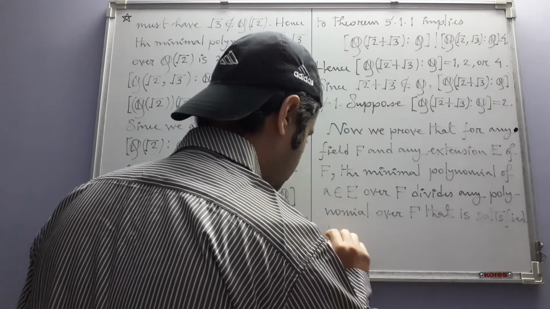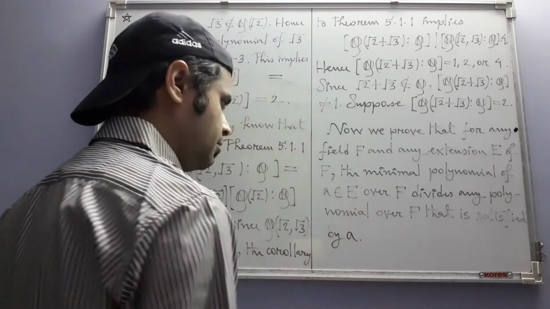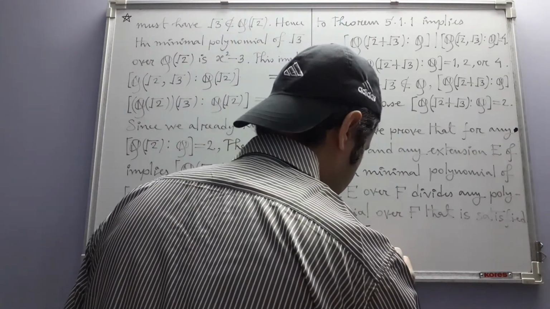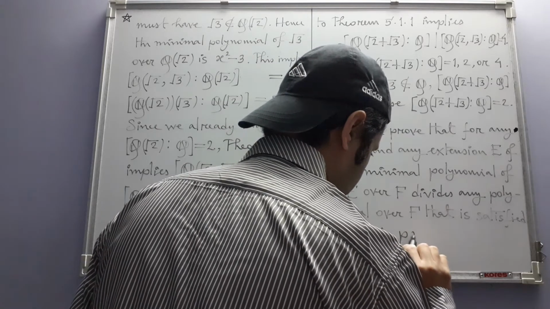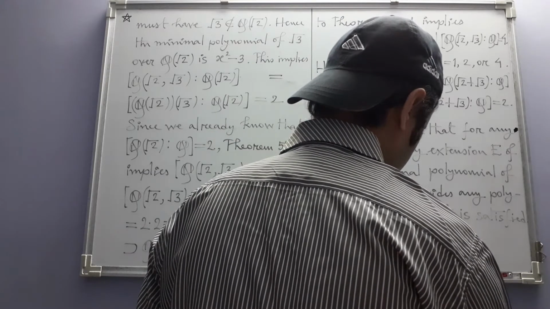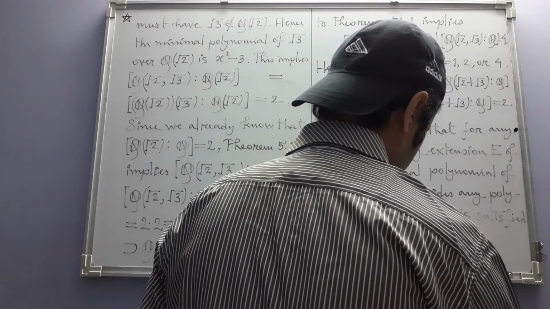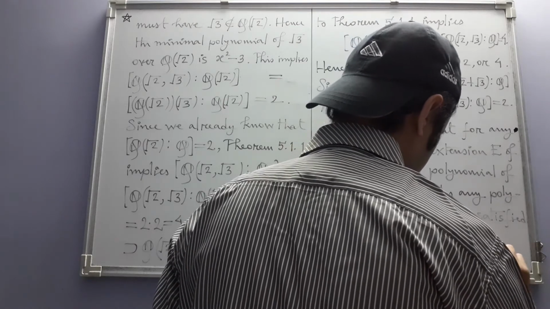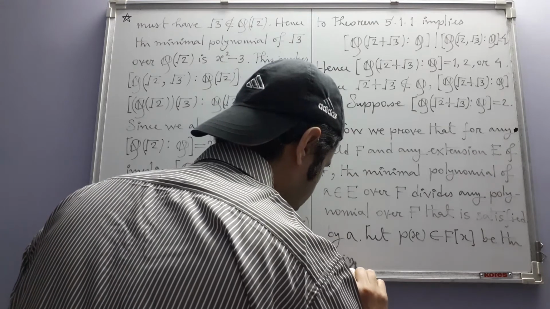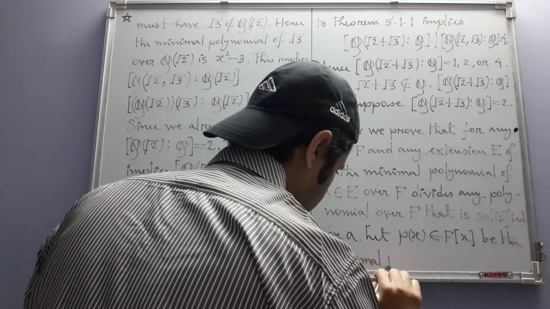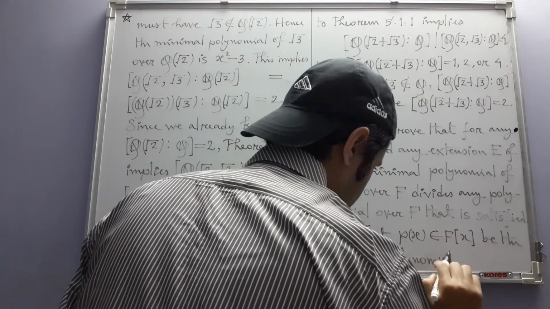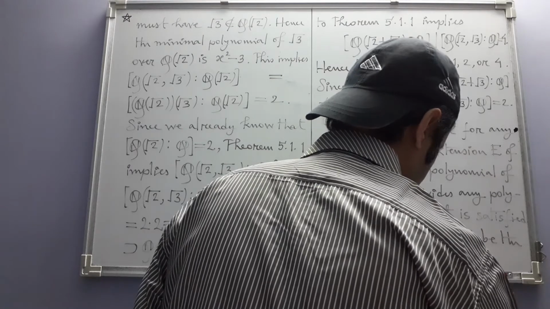Satisfied by a. So let us denote the polynomials by some symbol. Let p(x) in F[x] be the minimal polynomial of a.